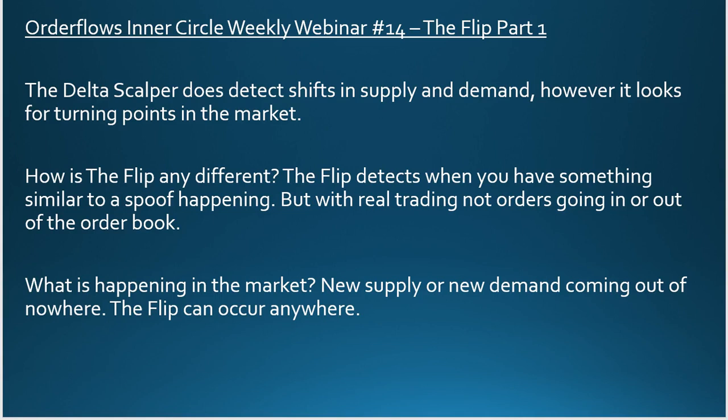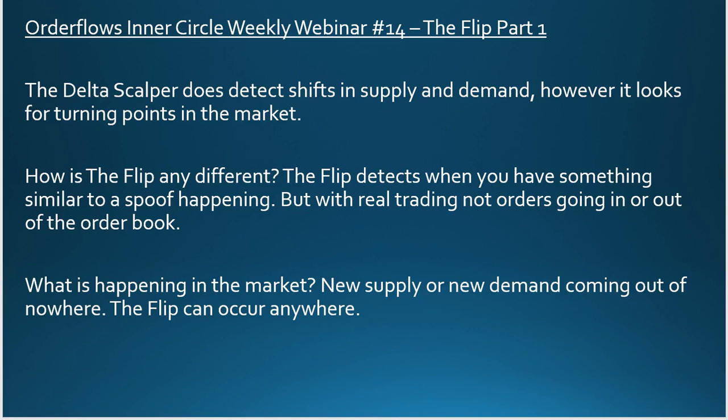So the flip deals with actual trading, not spoofing in the market. The theories are similar, but imagine spoofing, but actually traded. I don't know if that makes sense. But what is happening in the market is new supply or new demand coming out of nowhere. That's where the flip can occur.